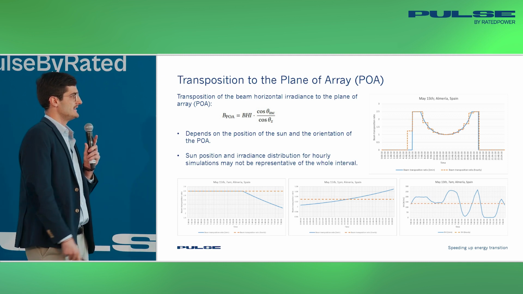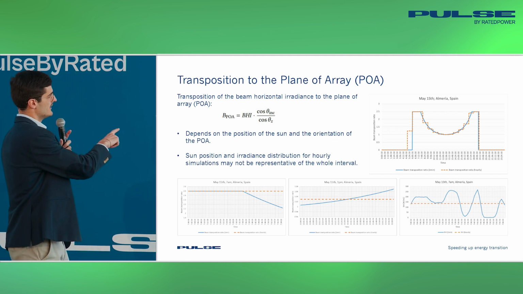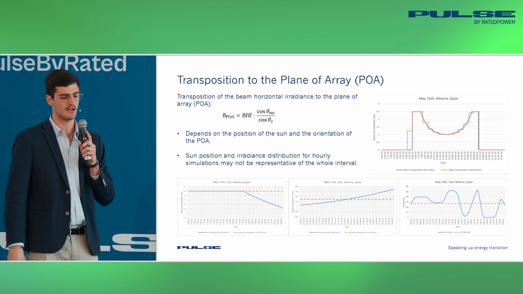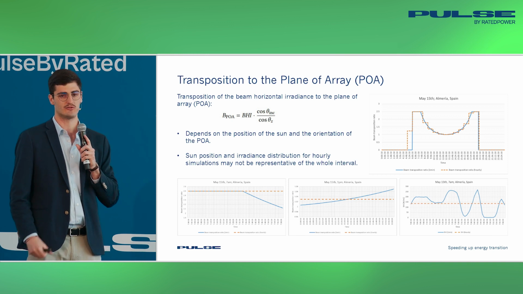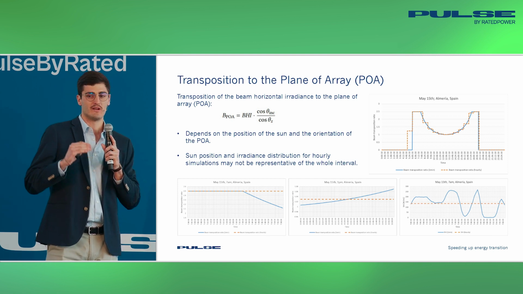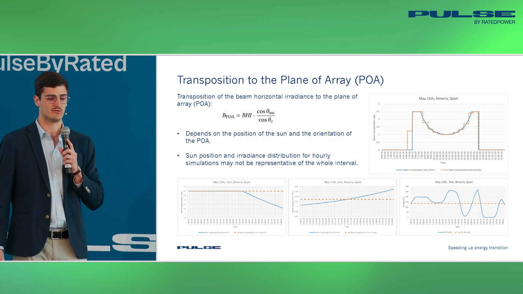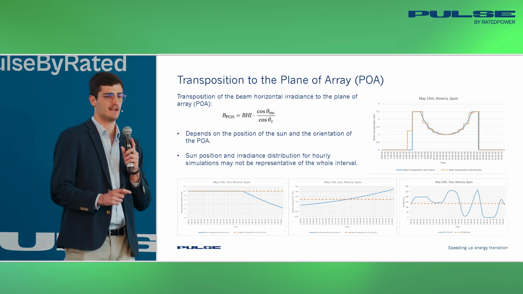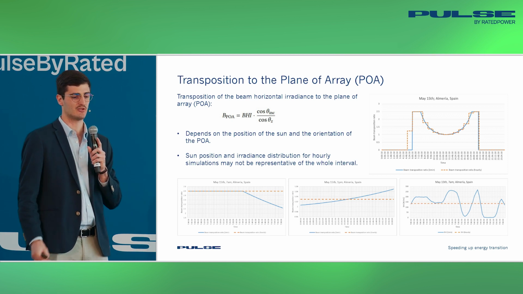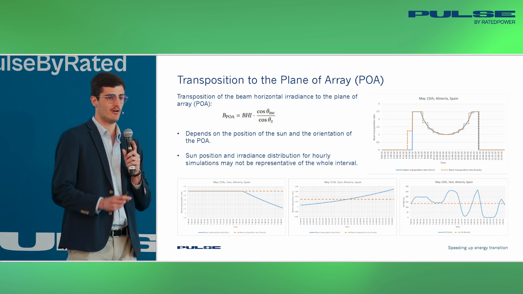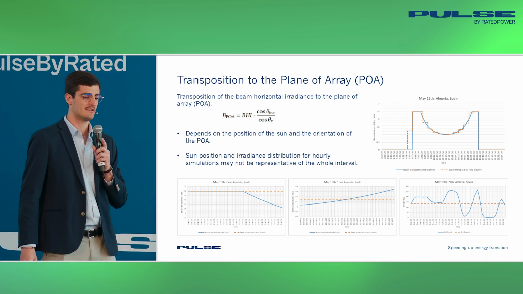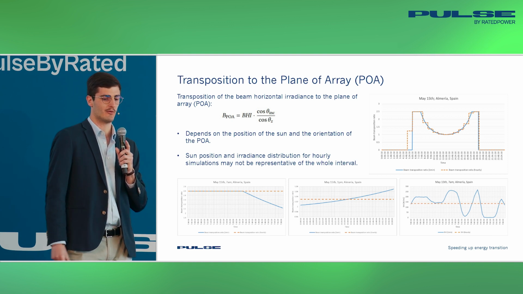So adding these two consequences when looking at the transposition gain for sub-hourly and hourly simulations, we can see how hourly is following the same tendency as sub-hourly, but the moment in which we are evaluating the sun position may not be representative of the whole hour. So we may not be representing correctly how much we can gain with respect to the plane of array.